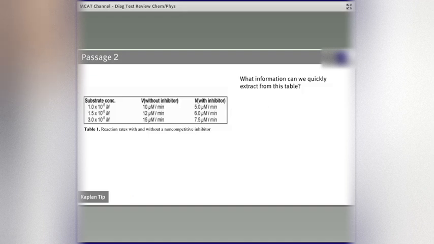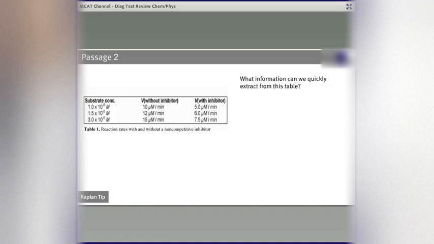Okay, now this table has a lot of information in it, but we start by looking at what's going across the top. Okay, or actually, we actually start with the caption. So we have reaction rates with and without a non-competitive inhibitor. So first we have our substrate concentration, then we have a column that says without the inhibitor, and then a column with the inhibitor. So what happens in general as we increase substrate concentration without an inhibitor?